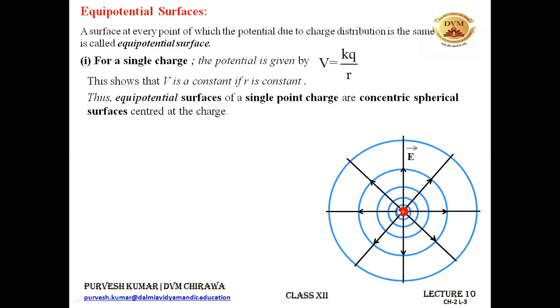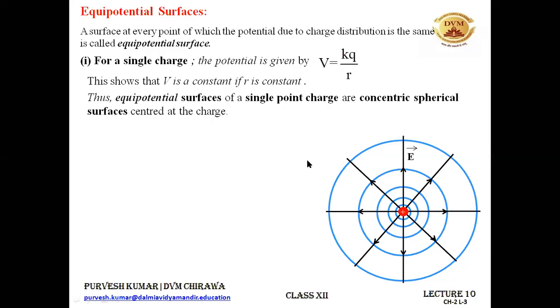So this sphere is an equipotential surface for this point charge. Similarly, for a different distance, the radius of the sphere increases. There may be a different potential, but at all the points on the second sphere, the potential remains the same. So for a point charge, the equipotential surfaces will be in the form of concentric spherical surfaces with the charge present at their center.